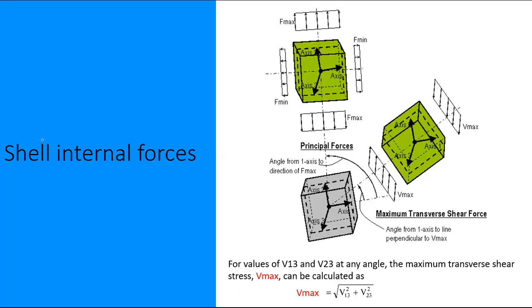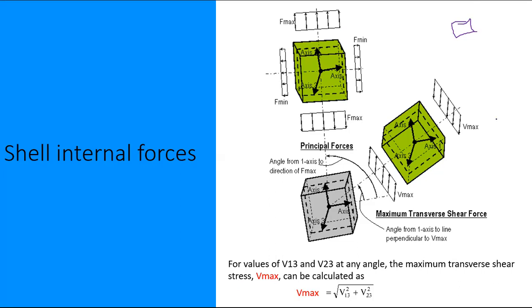And if you go to F max and F min, you know that you have studied the mechanics of material. In a 2D state, you rotate the element to find the principal stresses.